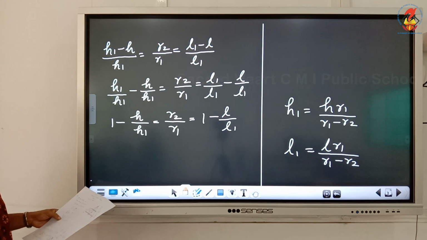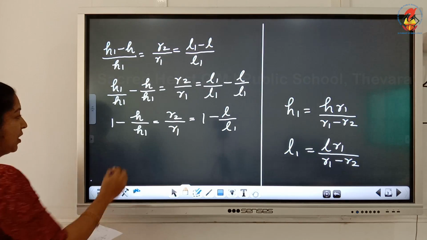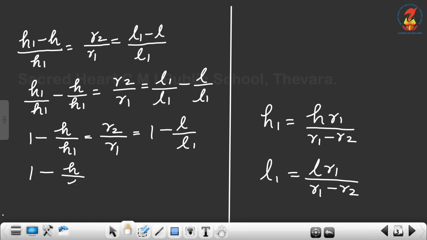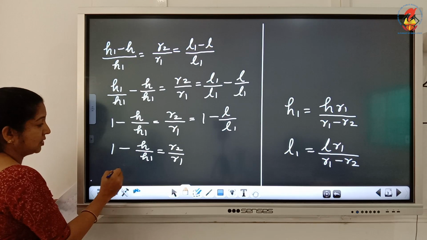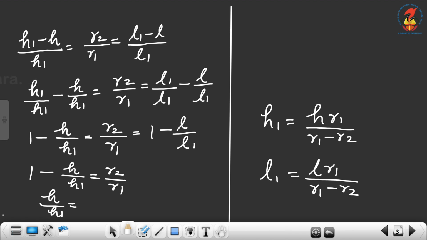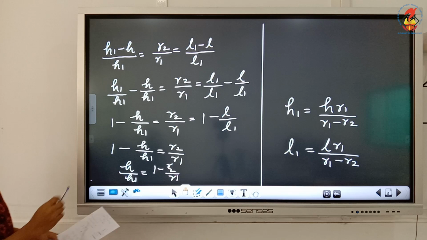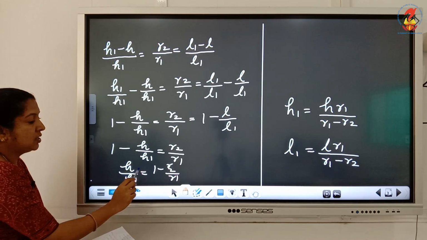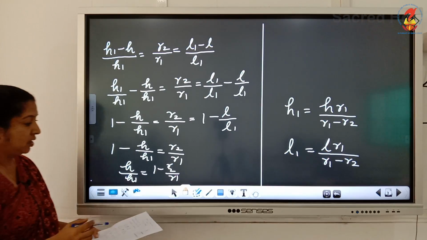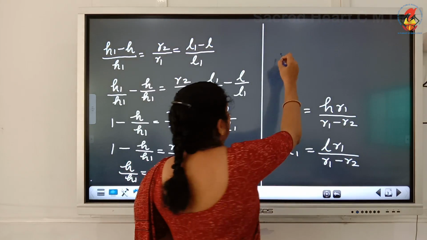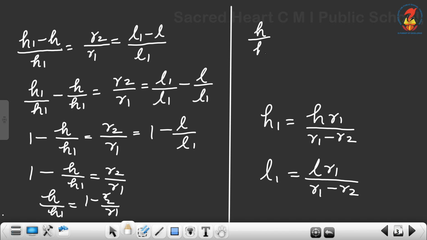After this, we are going to equate this part. That means 1 minus H by H1 equals R2 by R1. We can take this to this side. So H by H1 is equal to 1 minus R2 by R1. So we can write this as H by H1 is equal to (R1 minus R2) divided by R1.